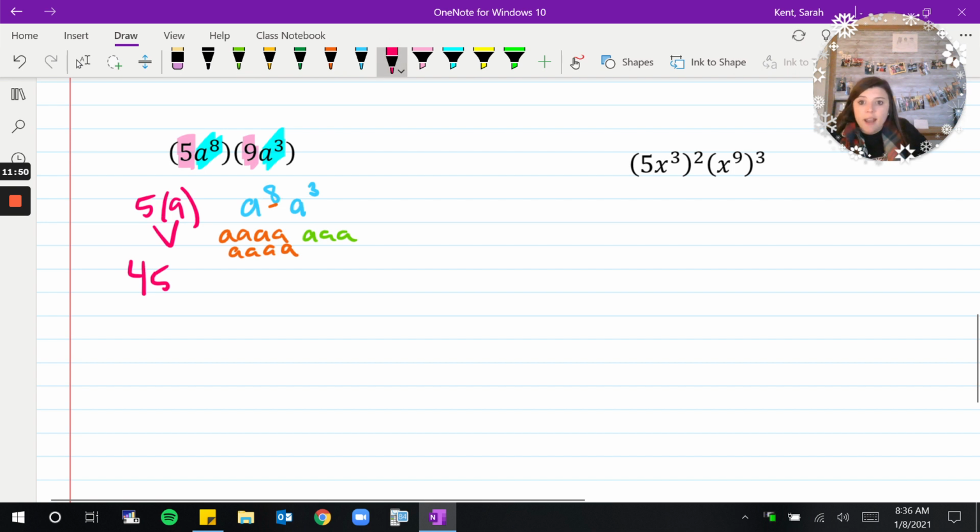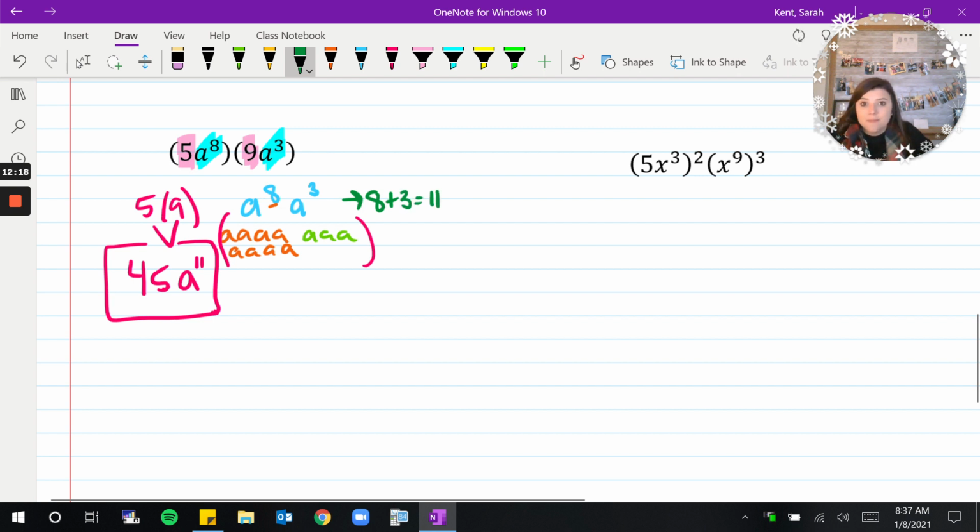So for my final answer, I want how many all together? So that would be a to the 8, 9, 10, 11, because there are 11 a's in this group. So this 45, a to the power of 11, would be my final answer. And this is 11 because here I could take the exponents. 8 plus 3 equals 11.